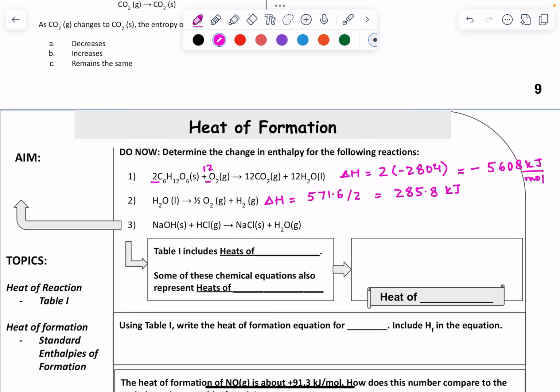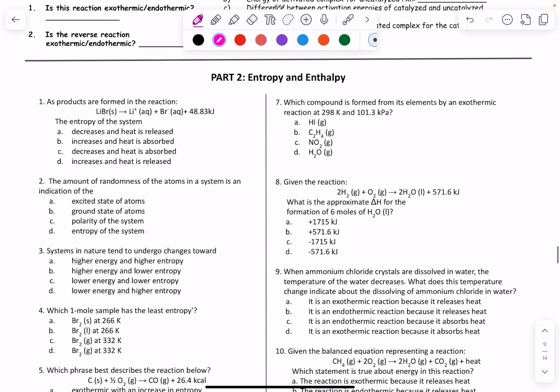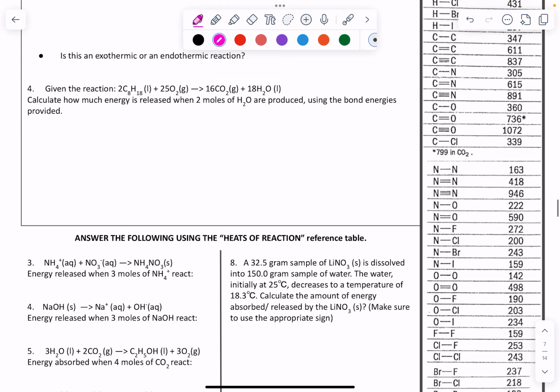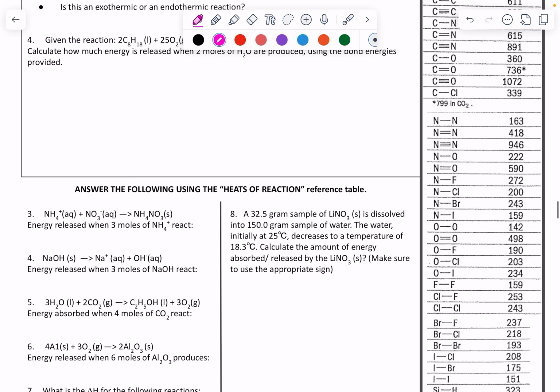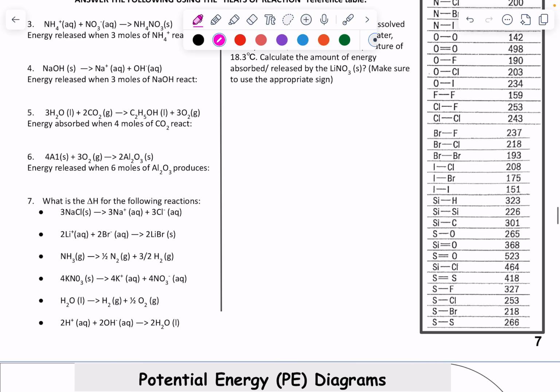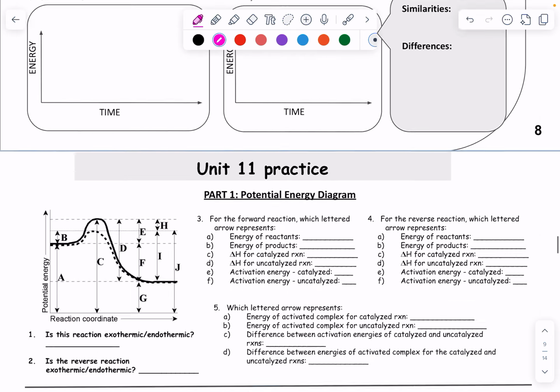So let's see if we can use bond energies for this. I'm going to focus on sodium because that's a very niche element, not a very common one in the reactants. So this is the table that I gave you for bond energies. And I do not see any sodium here. Interesting.